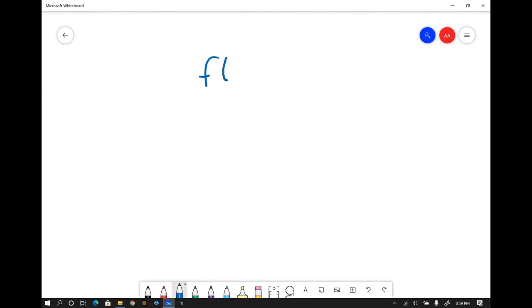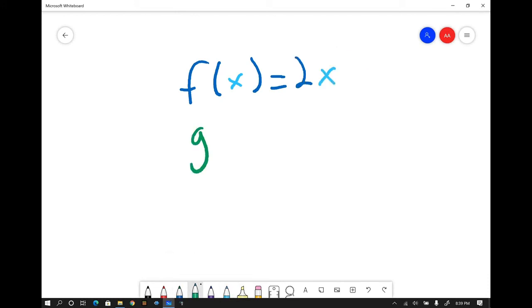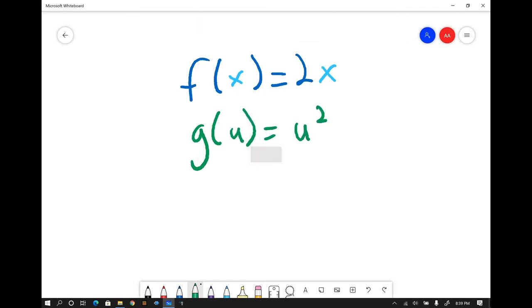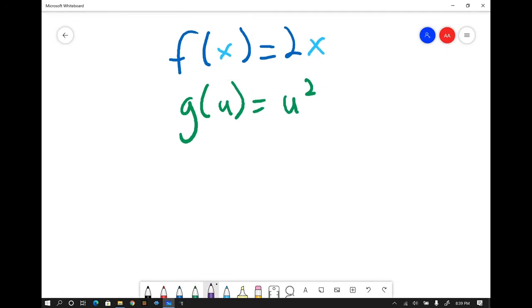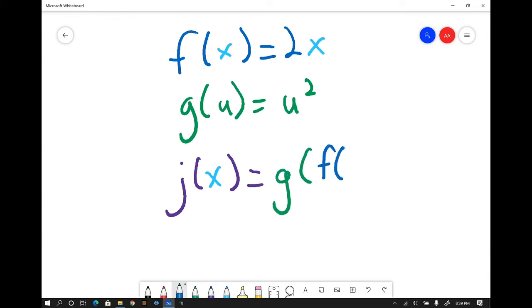So if we have two functions, f of x is equal to 2x and g of u is equal to u squared. And we create a composite function out of this by saying j of x is equal to g of f of x.